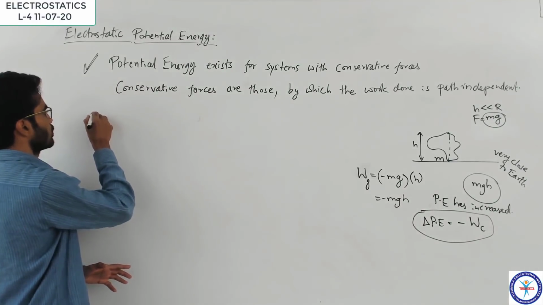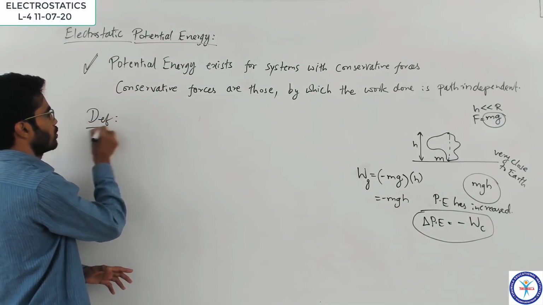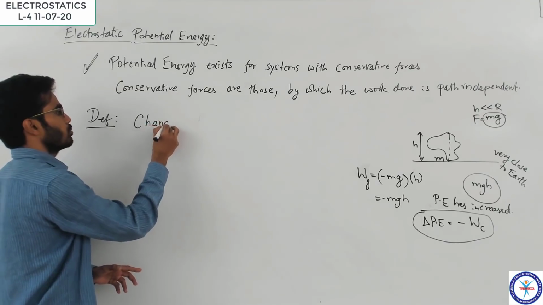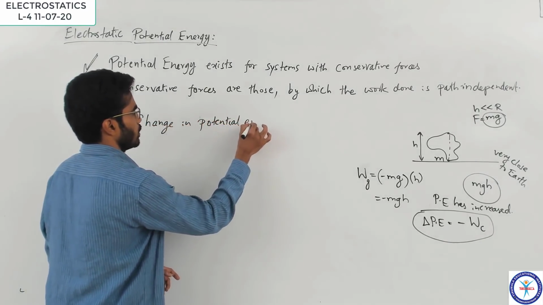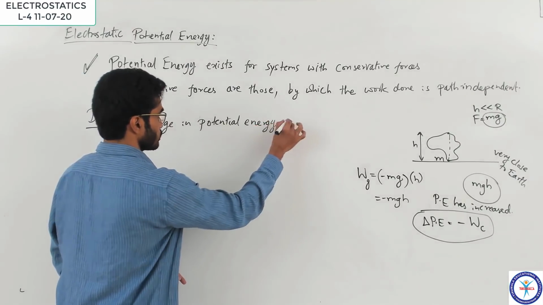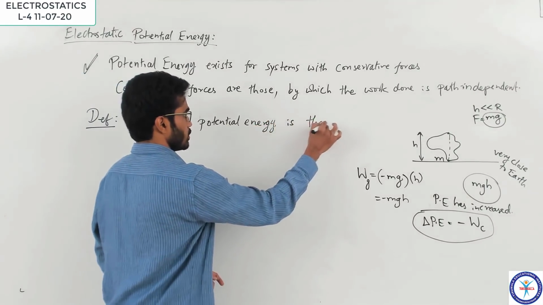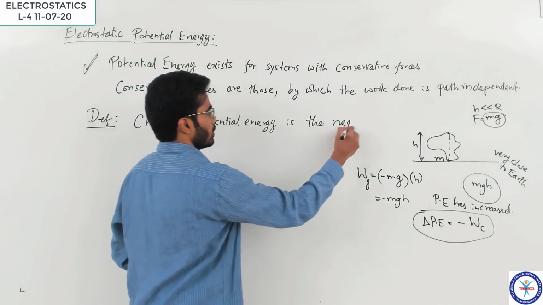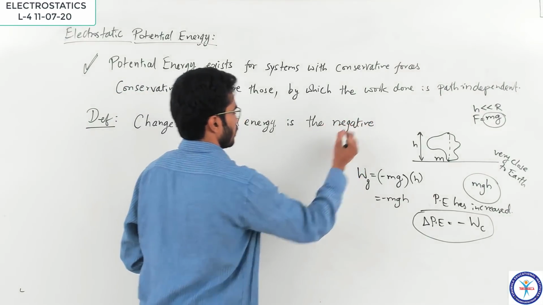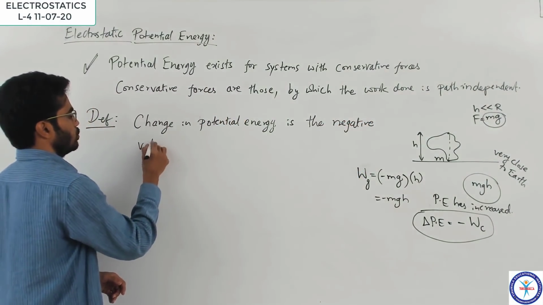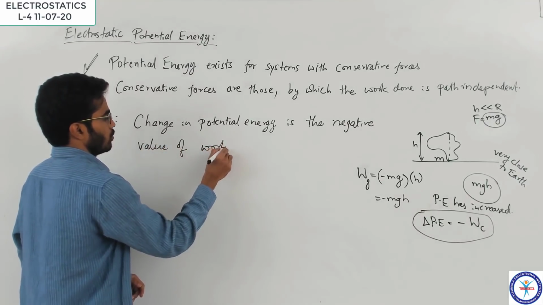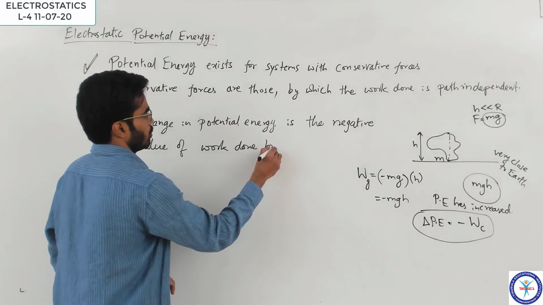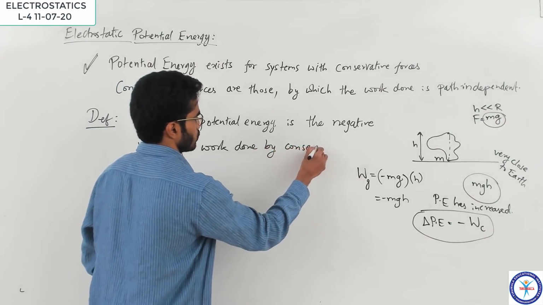So, definition: change in potential energy is the negative value of work done by the conservative force.